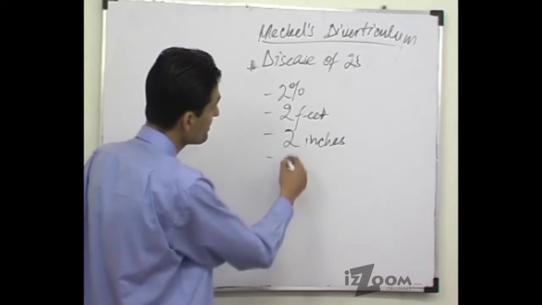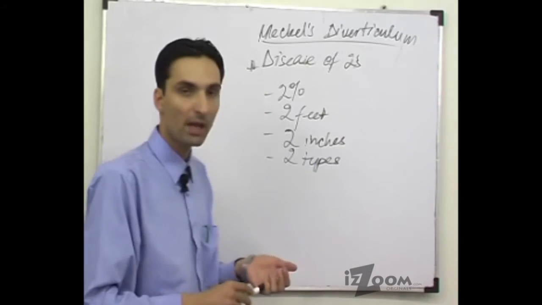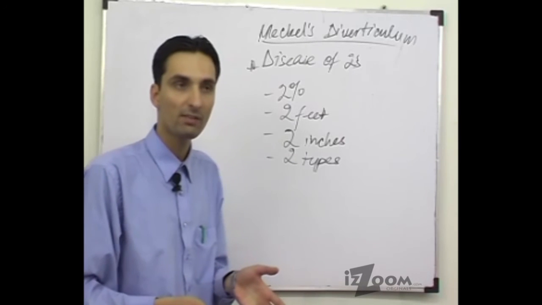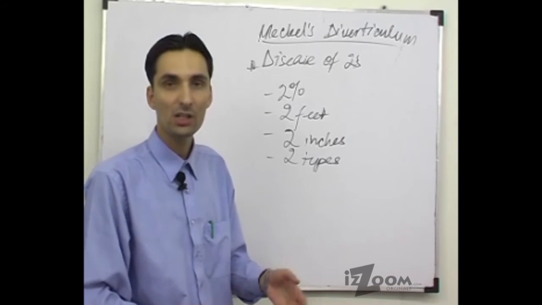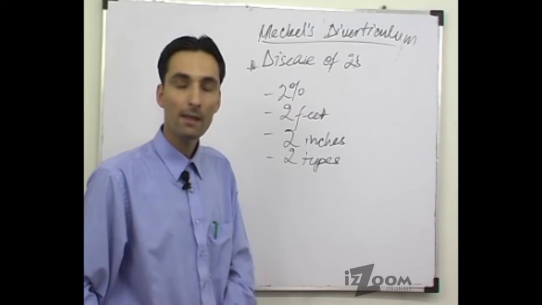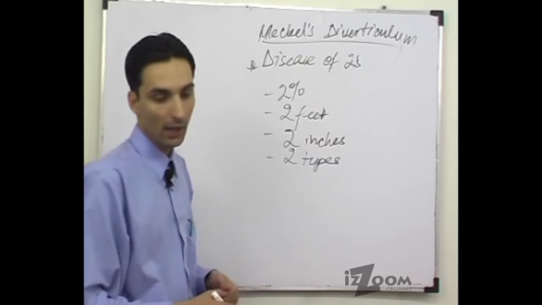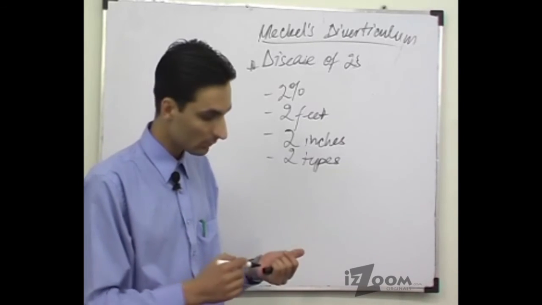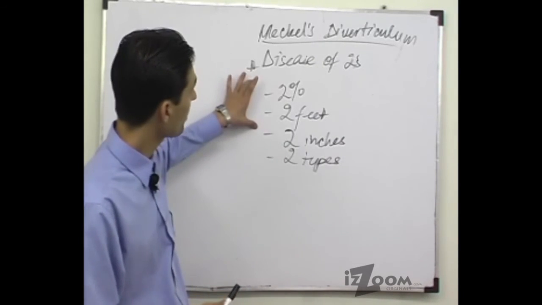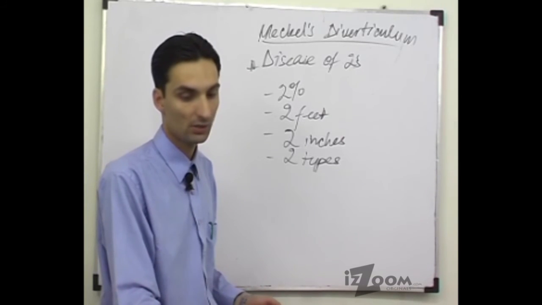And it can contain two types of epithelia, the gastric and the pancreatic epithelia. If the gastric epithelium is present, these patients can present to you with peptic ulcer disease in the diverticulum. So that is the reason why it's called the disease of twos, just for you to memorize it easily.